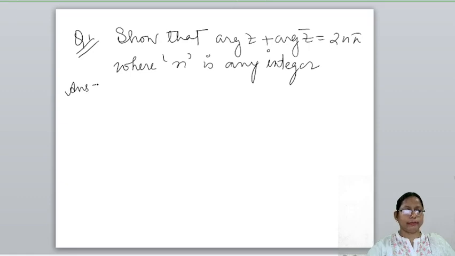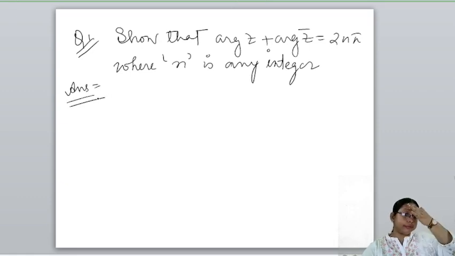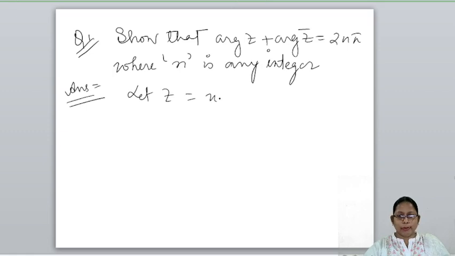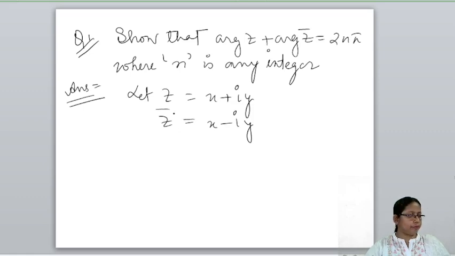Answer. Let z be the complex number x plus iy, then z conjugate will be x minus iy.